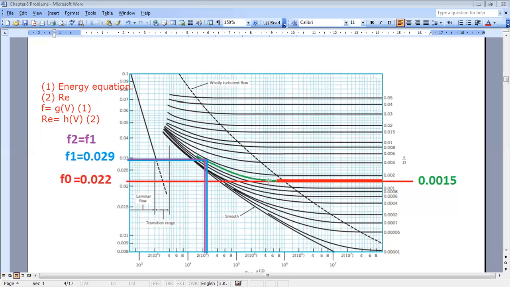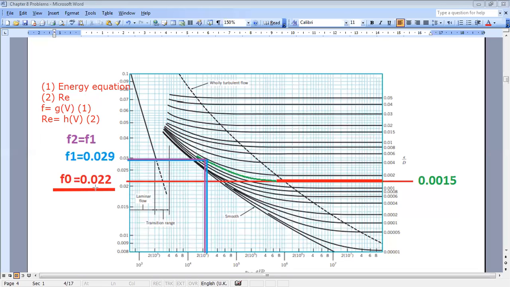I can start with an assumption of a friction factor corresponding to this flat curve. If you extend your flat curve until here, you can read a value for friction factor of 0.022.